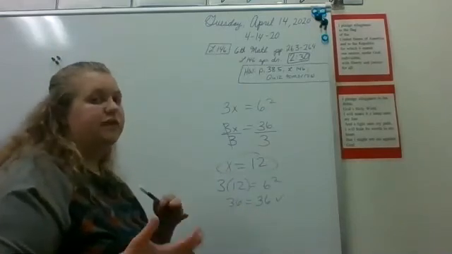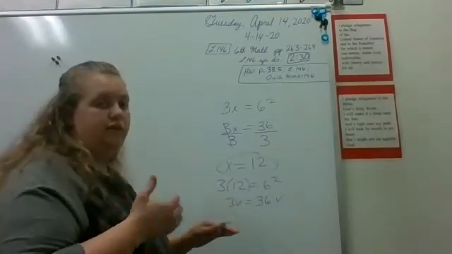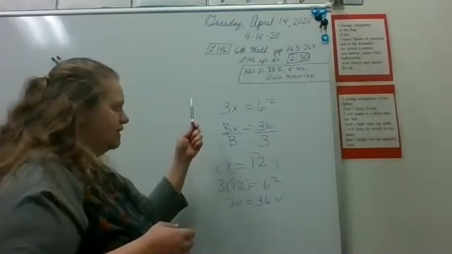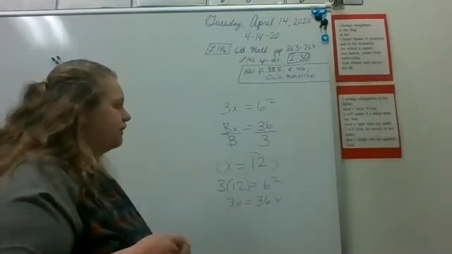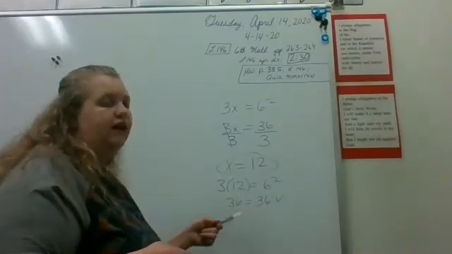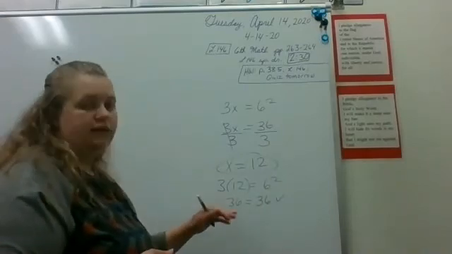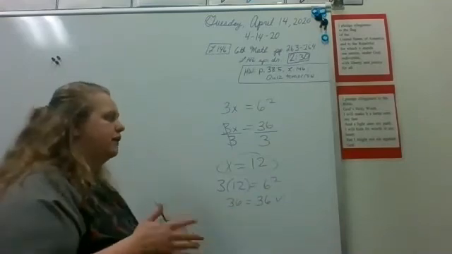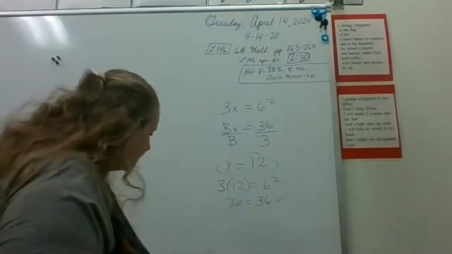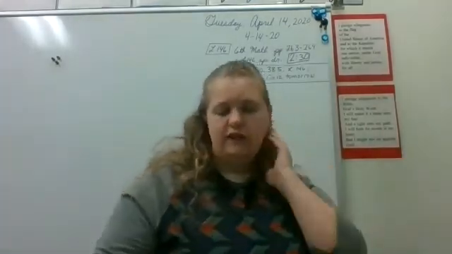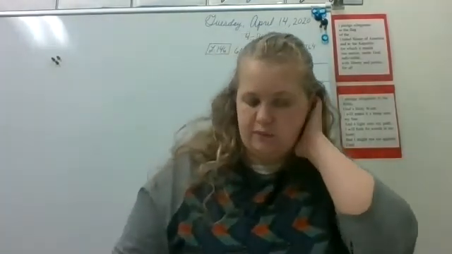Sometimes it's because we make an error in the multiplication or the division. But if you did everything right, and you're still coming up with the wrong answer, I want to talk with you about that so that we can make sure you're getting these. But that is how to do those, and hopefully you are able to do them.